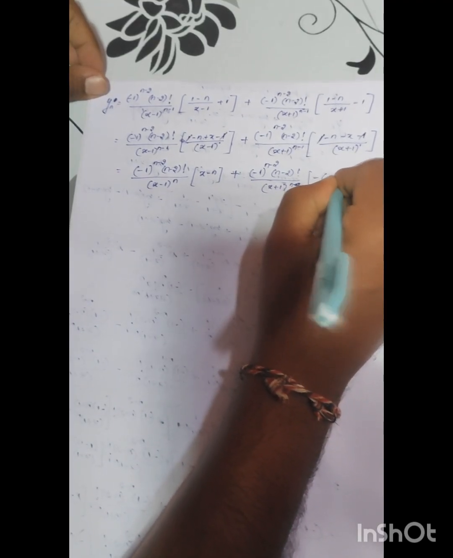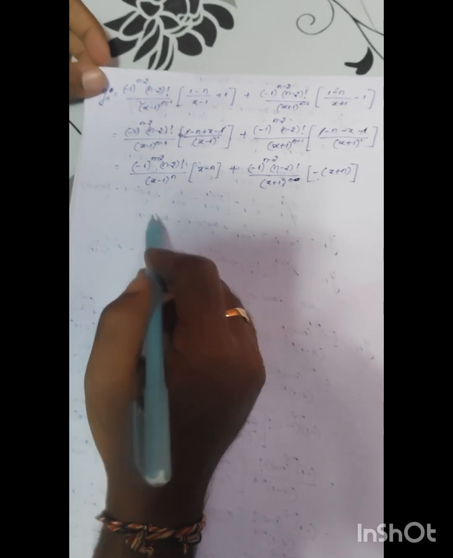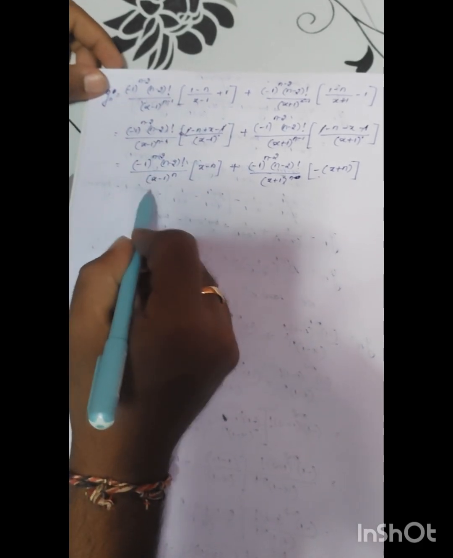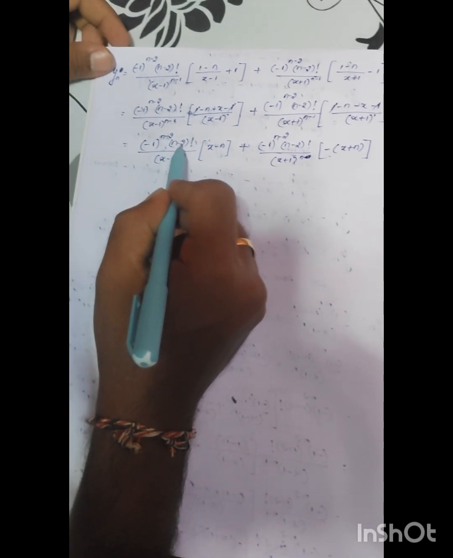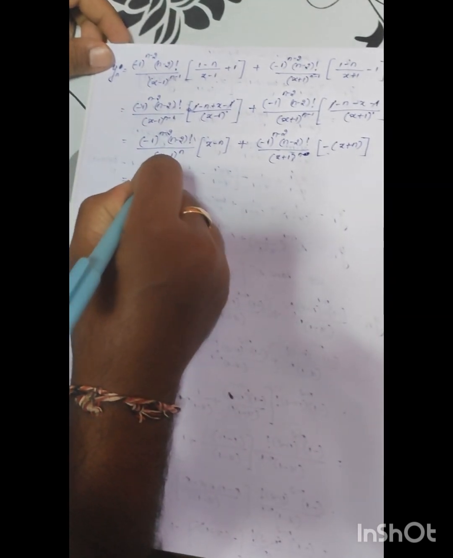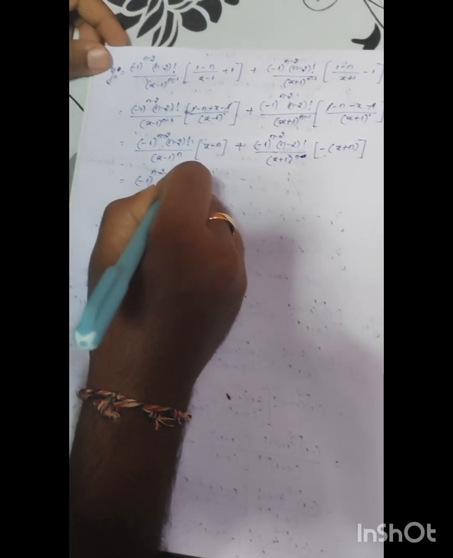So this will become x plus n. So if we see here, we have (minus 1) raised to n minus 2 into n minus 2 factorial common in both the terms. So what I will do, I will take (minus 1) raised to n minus 2 into n minus 2 factorial common from both the terms.